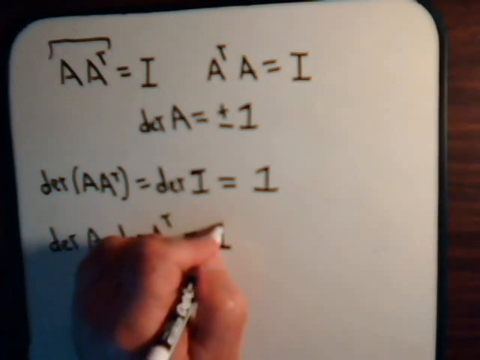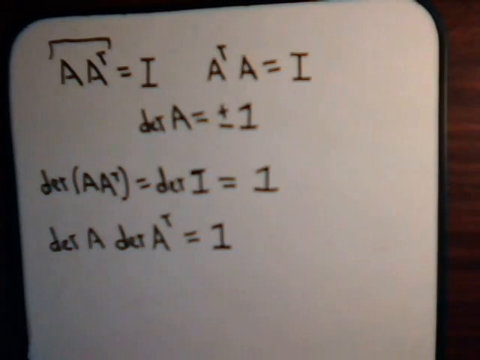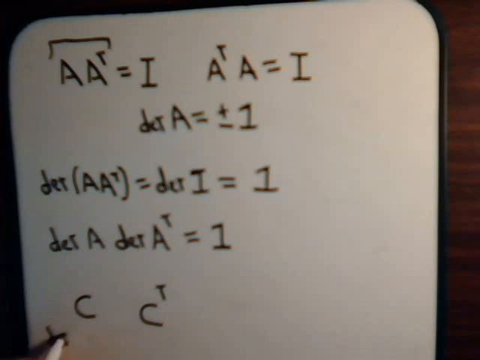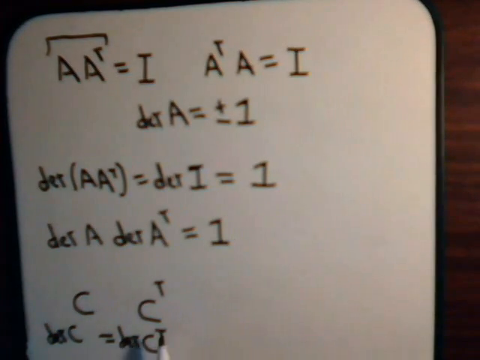Now, for any matrix, say C, and you consider its transpose, the determinant of C is equal to the determinant of C transpose. That's one of the fundamental properties of determinants.